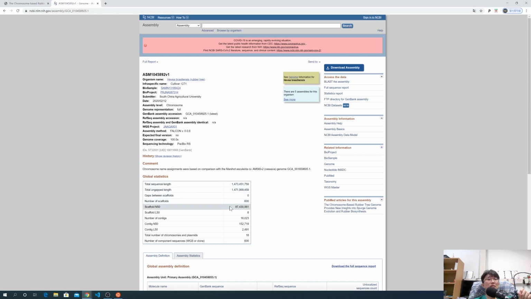And total sequence. So number of scaffolds is 600. So it's far better than before. I want to download the assembly.